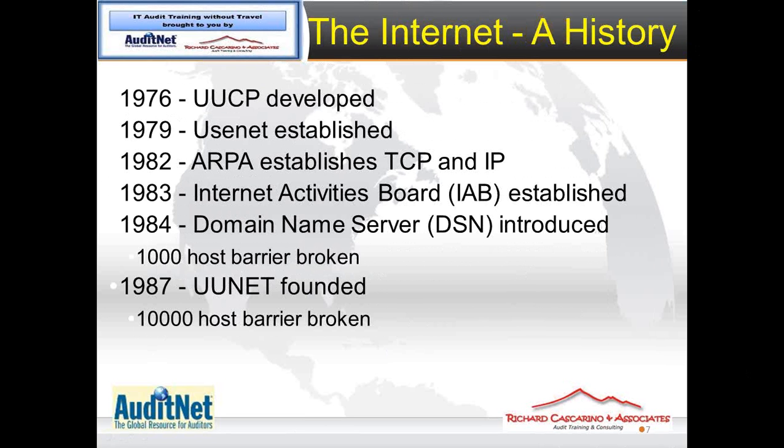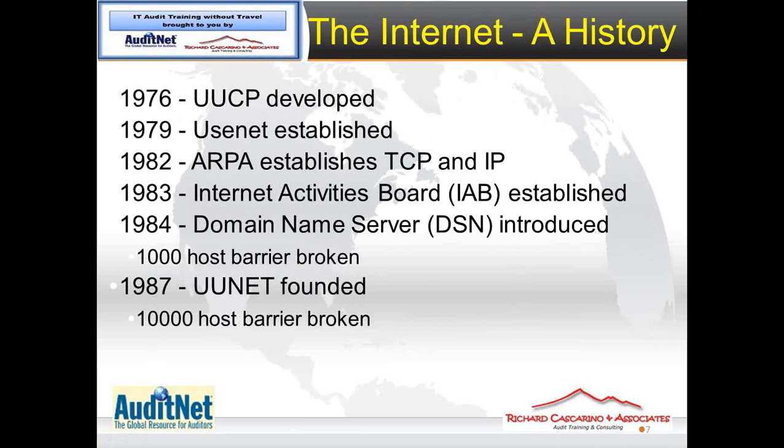Now, we didn't call it the internet at that time. It didn't really have a name at all. But when 1982 came along, ARPA set up TCP and IP, the Internet Protocol. And by 1983, we saw the Internet Activities Board being established.